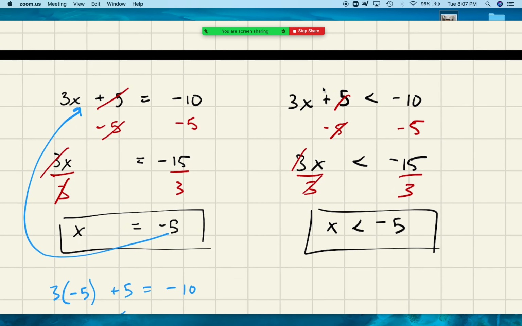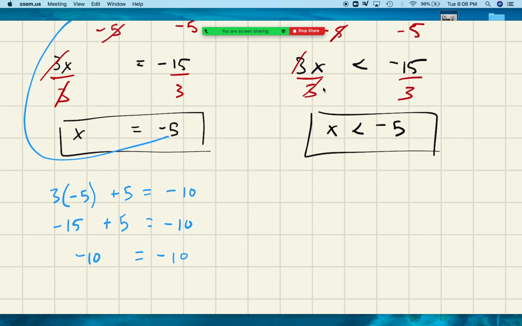Here, in this scenario, this is saying I could plug in anything less than negative 5. So this is maybe why he drew a number line. Say I have 1, 2, 0, negative 1, negative 2, negative 3, negative 4, negative 5.